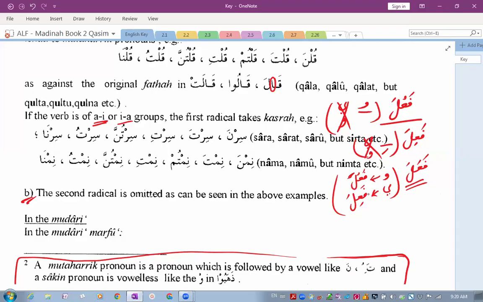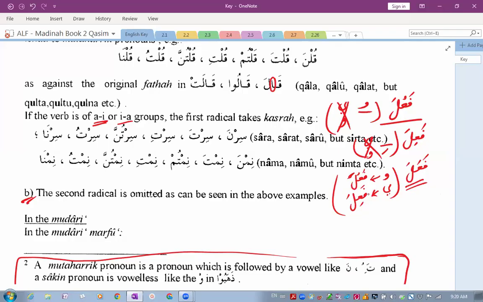The second rule is that the middle radical can have a dhamma, kasra, or a fatha. If it has a dhamma, then from mutaharrik pronouns you will have a dhamma on the first radical and you will drop the weak letter. If the middle radical has a kasra, fa'ila, then from the mutaharrik pronoun you will have a kasra and drop the weak letter.